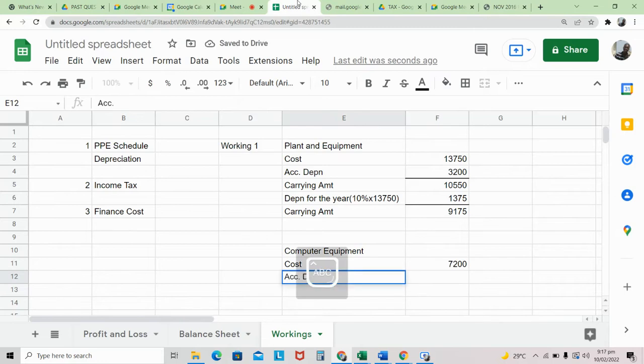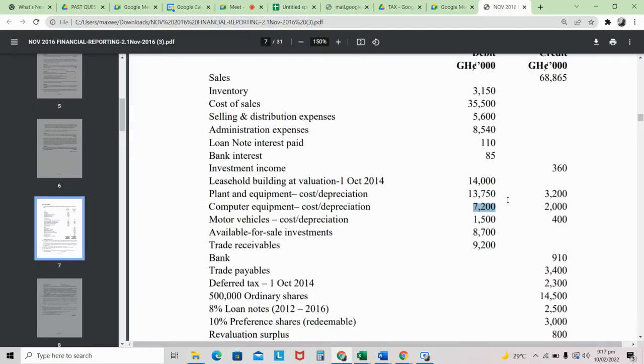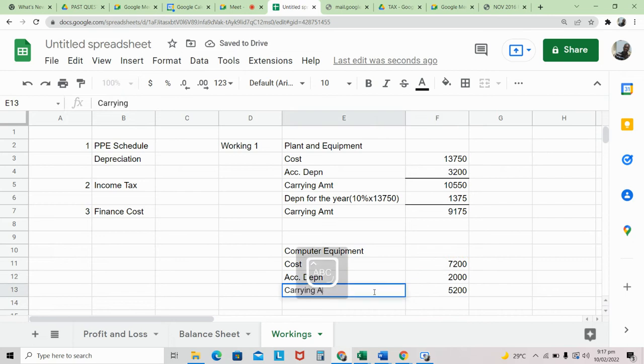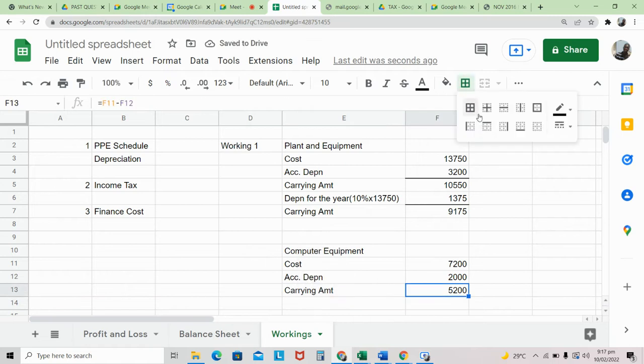What is our accumulated depreciation? Our accumulated depreciation is 2,000. So this will be our carrying amount, 5,200.